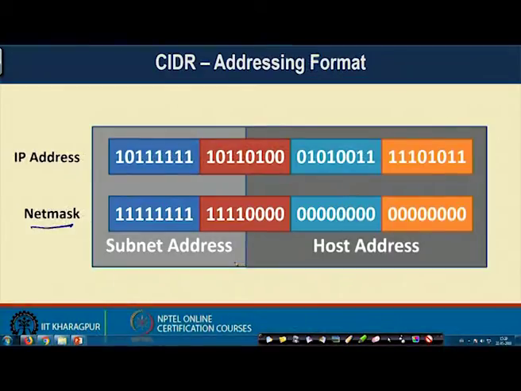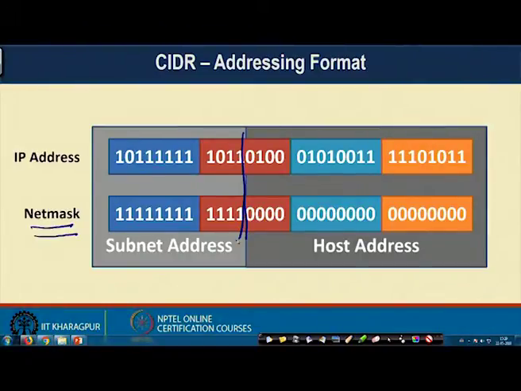Now, we use the terms network and subnet interchangeably. The subnet mask is again a 32-bit binary number, where there are a few consecutive ones and then a few consecutive zeros. These consecutive ones determine that up to this part is your subnet address.